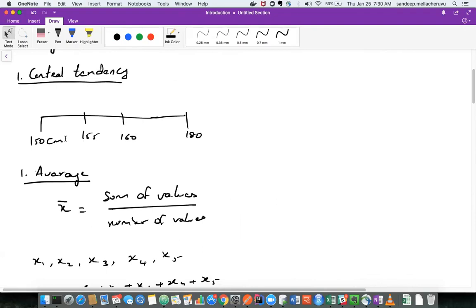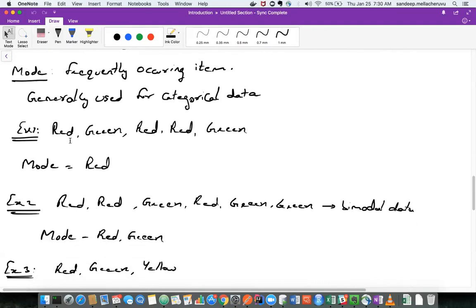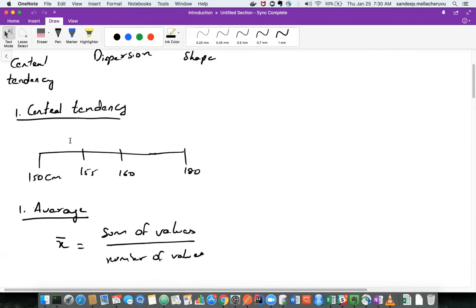With mean and median, forget about mode for now, mode is not useful in this kind of case. You're only talking about the middle value. You're not talking about what is the distribution of the data.